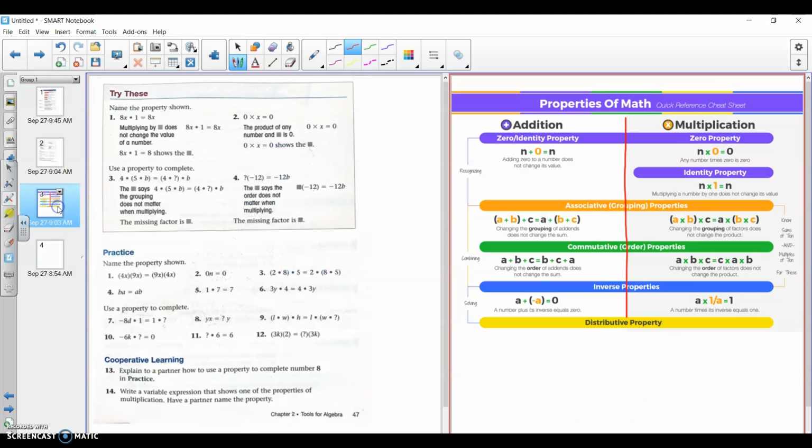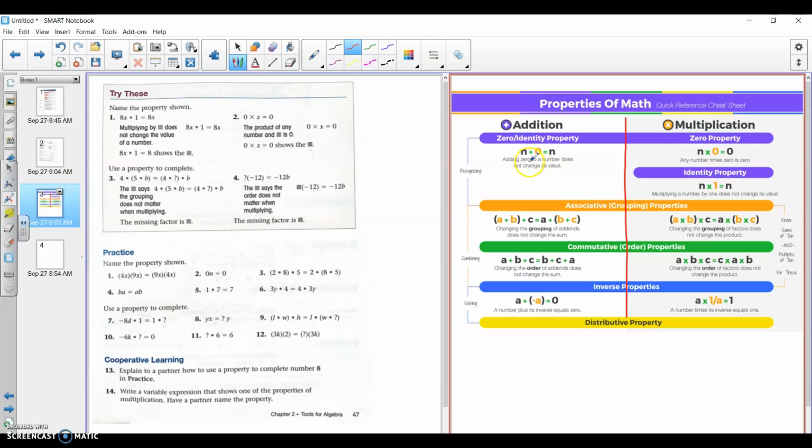I do want to refer to this sheet, which is in your tools Chapter 2 folder in Schoology. I didn't show much of this on the addition properties video, but let me show you really quick. The left side is addition, the right side is multiplication.